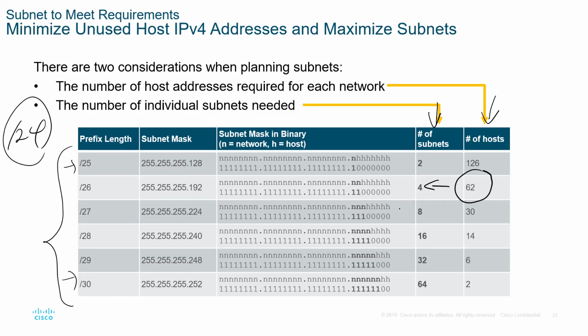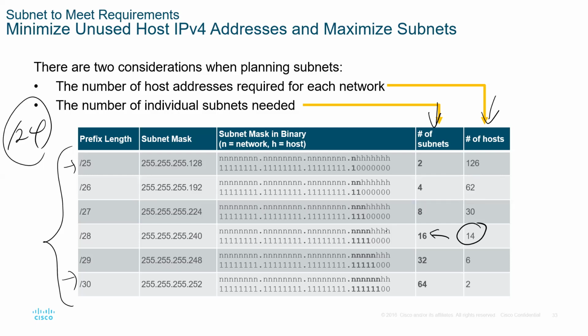If I want to create a network with 10 host addresses, I don't use this one with 60. I go down, I go here. I take that network, which will mean I'll create 16 subnets. Probably I'll need only 8, but I can create all those 16.